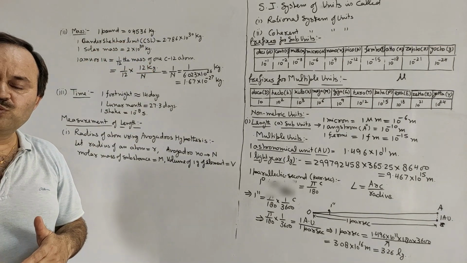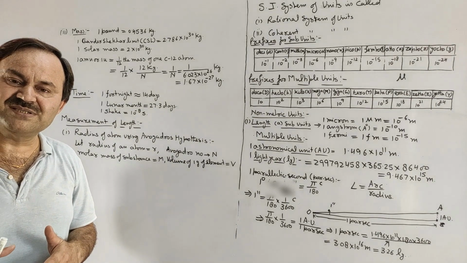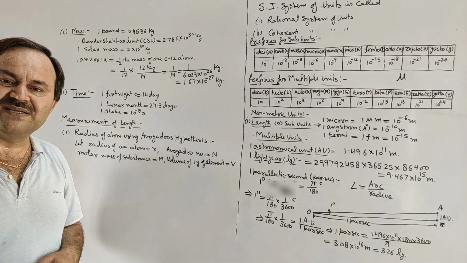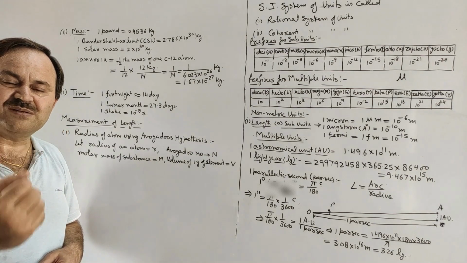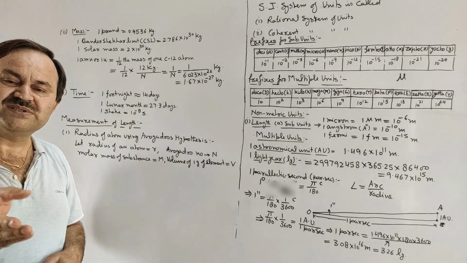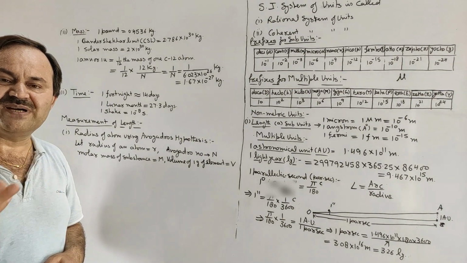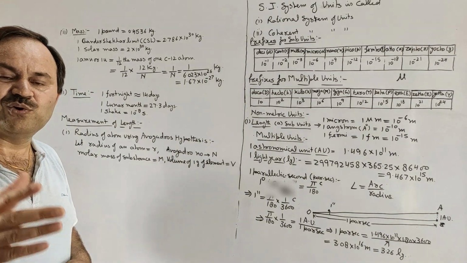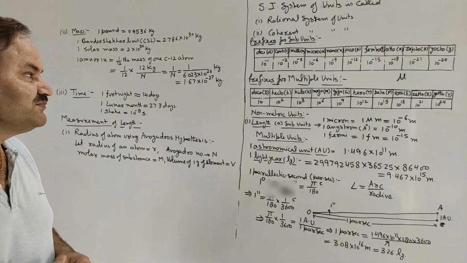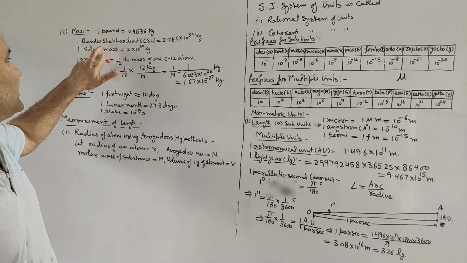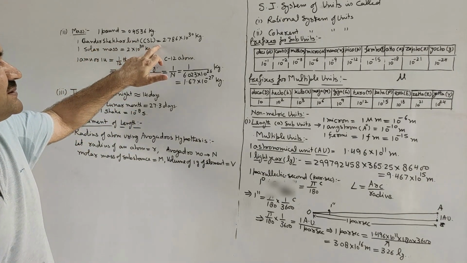When we come to other multiple units, then in our local language we use a dhadi for 5 kilogram, a man for 40 kilogram, then a quintal for 100 kilogram, then a metric ton for 1000 kilogram, and still bigger units are Chandrasekhar limit.